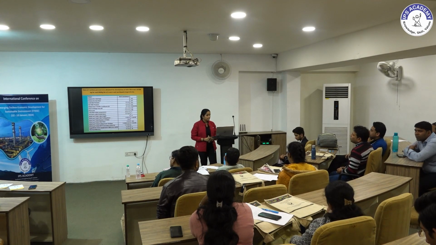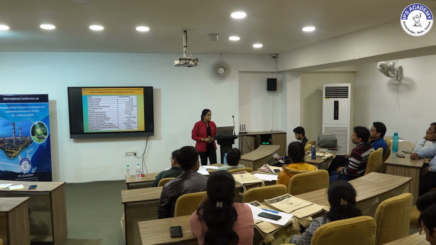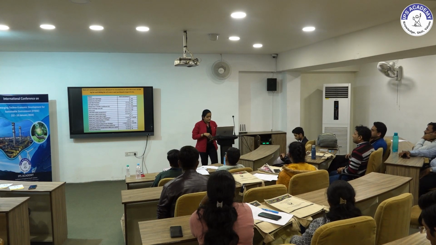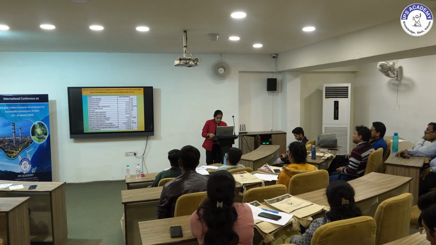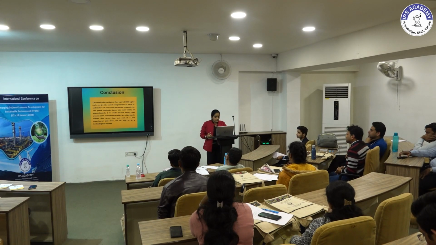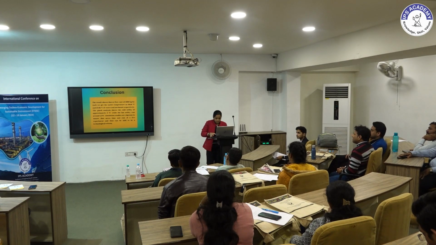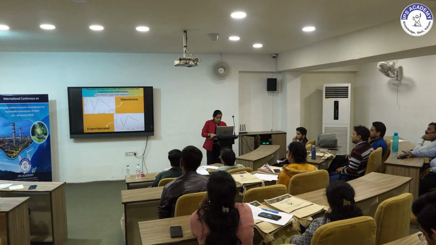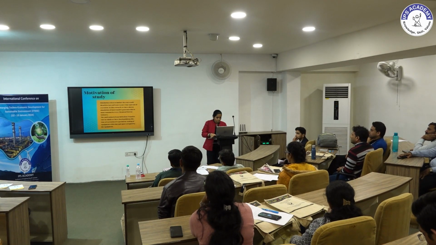Yes. And one more thing: how much flow rate did you take for the methanol and water? 1000 kg per hour for the water. Go to the second slide. Next.